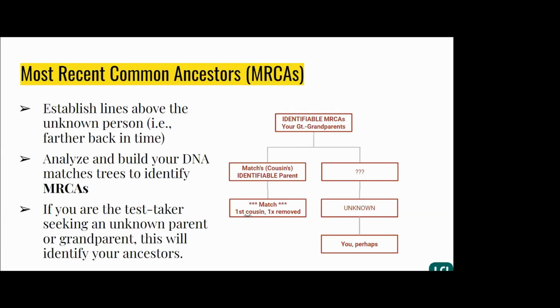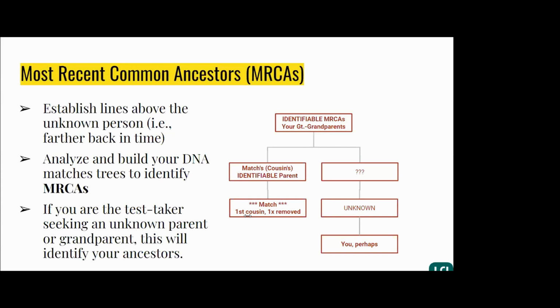Those family lines that you build out from the matches' trees will identify the most recent common ancestor that you share with those matches. So once you have that information, you can build those trees down and then you start to get closer to identifying the person you're looking for.